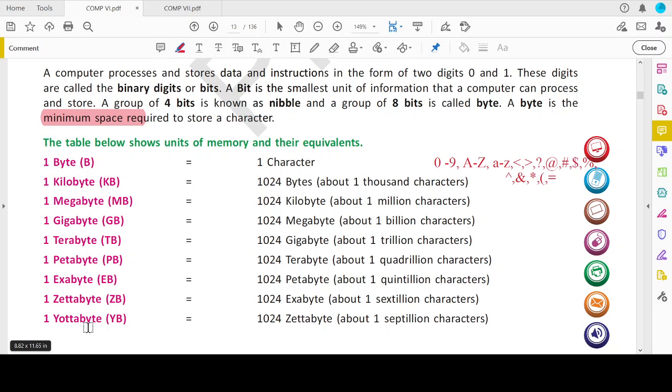So you just memorize byte, kilobyte, megabyte, gigabyte, terabyte, petabyte, exabyte, zettabyte, yottabyte. This kind of huge storage, yottabyte, zettabyte, is used on servers that need huge storage area for permanent storage.